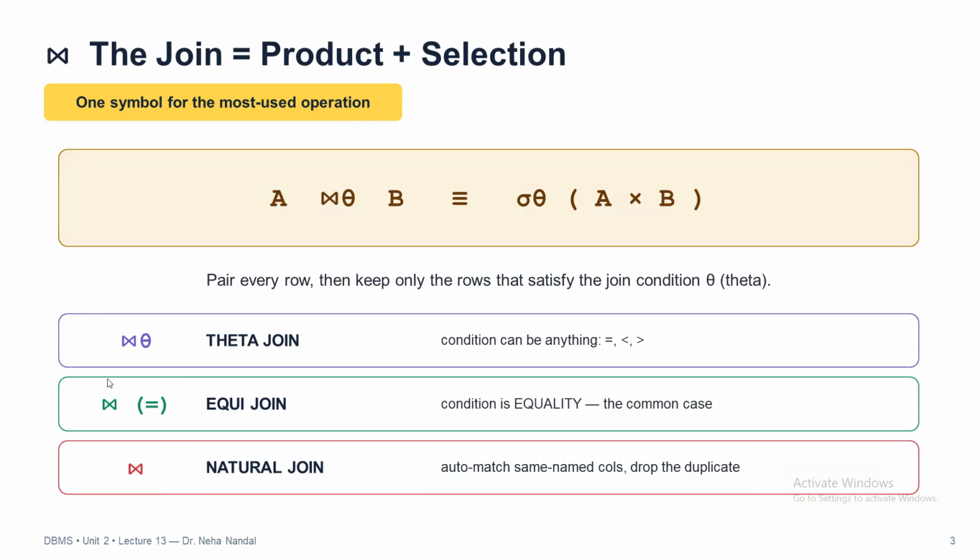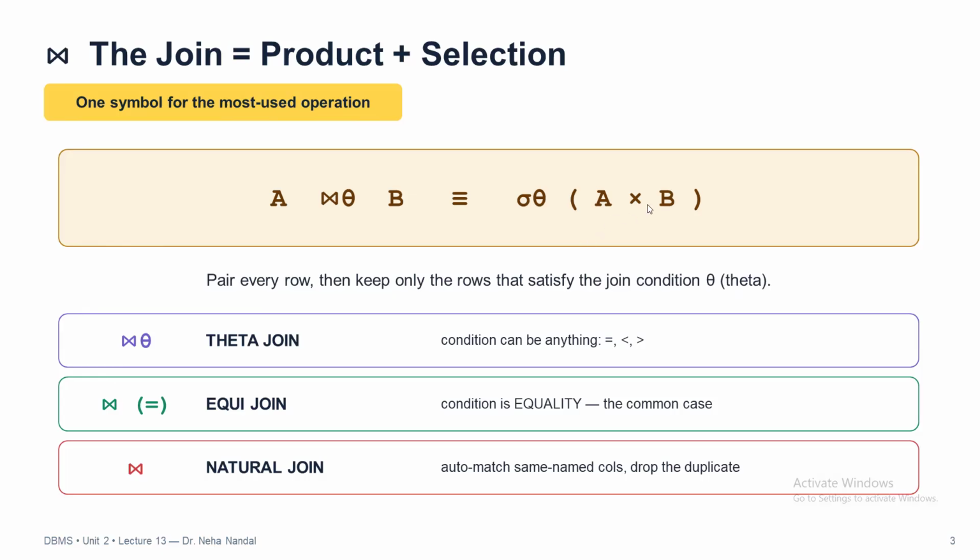Now the join is written A join B. A join B is the product of A and B. Basically, we are performing a Cartesian product, followed by a selection on the condition. So we have to put some condition on it. So basically it is a combination of two things, product and selection.